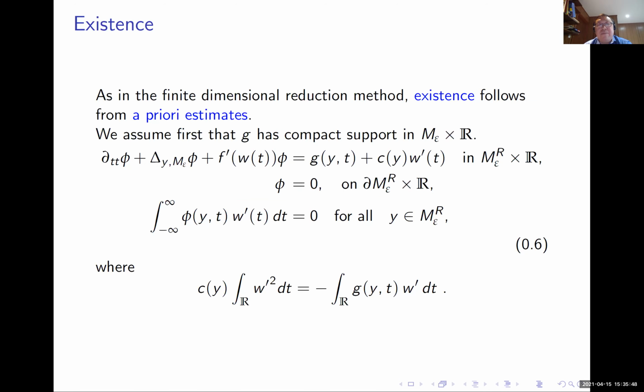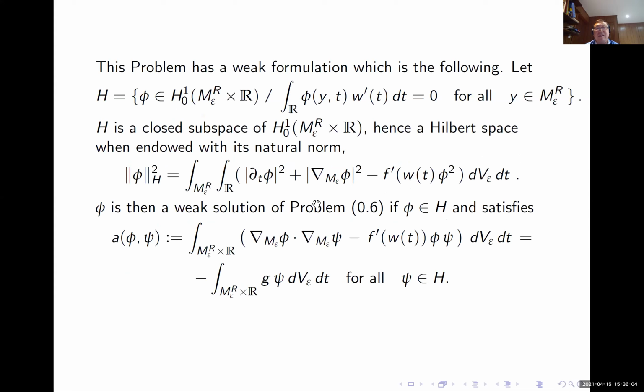So once we have RP estimates, then the existence just follows from the RP estimates. So we first do existence in a big ball, and you write this in some kind of weak form as before.